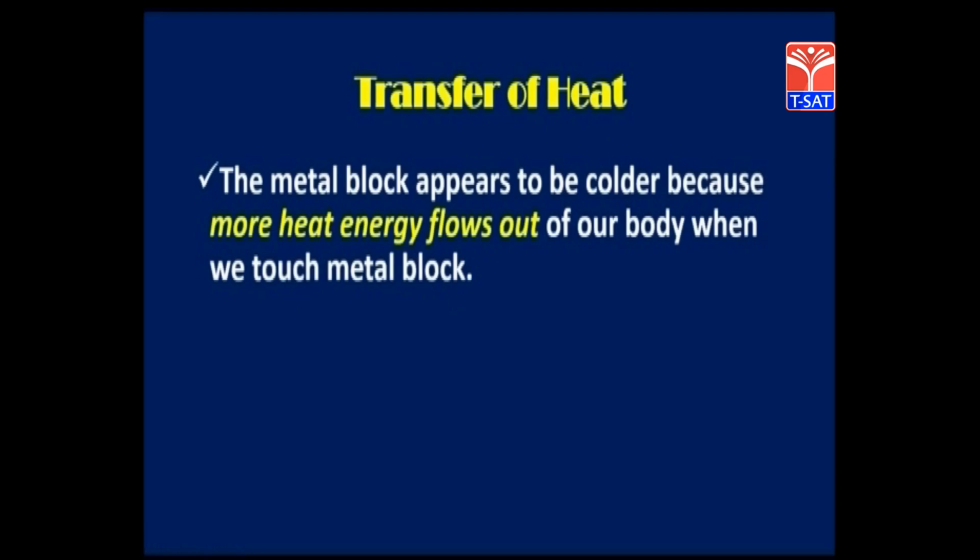The metal block appears to be colder because more heat energy flows out of our body when we touch the metal block. As we saw in the animation, children, when we touch the metal block, it is receiving more heat energy compared to the wooden block. Okay, that is why we feel that the metal block is colder than the wooden block.